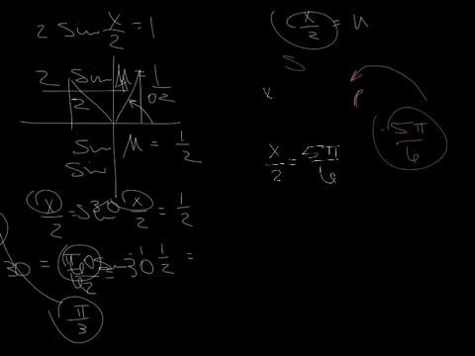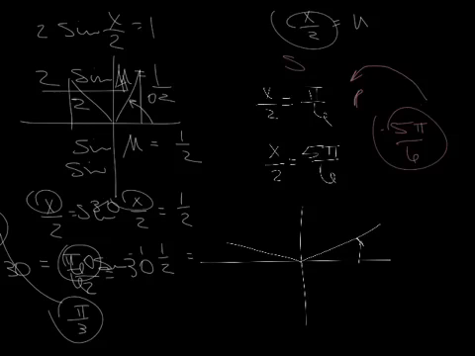So my first x over 2 was equal to pi over 6. My other x over 2 is going to be 5 pi over 6 because, again, I have a 30-degree angle there, pi over 6, and a 30-degree angle there, which is 5 pi over 6.